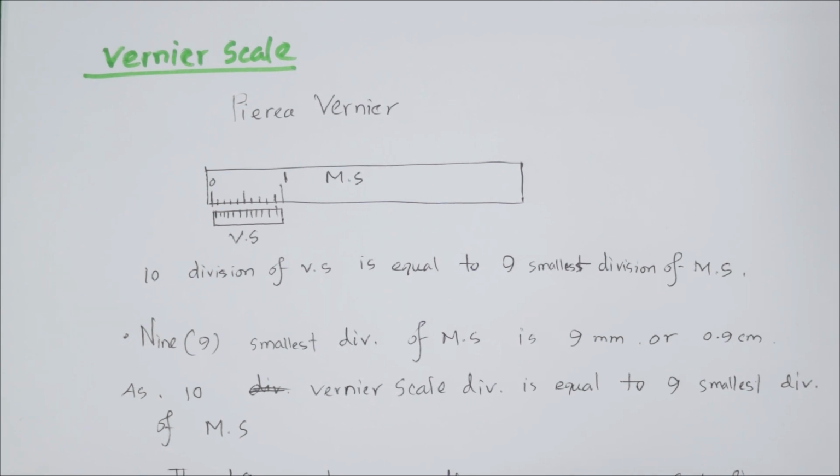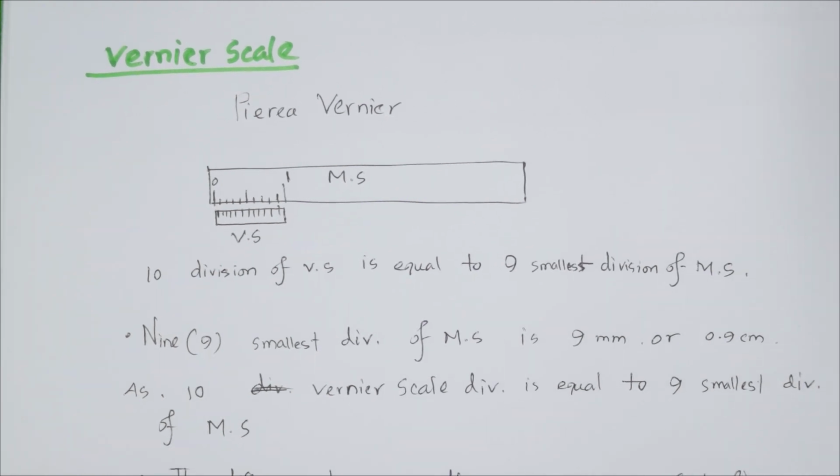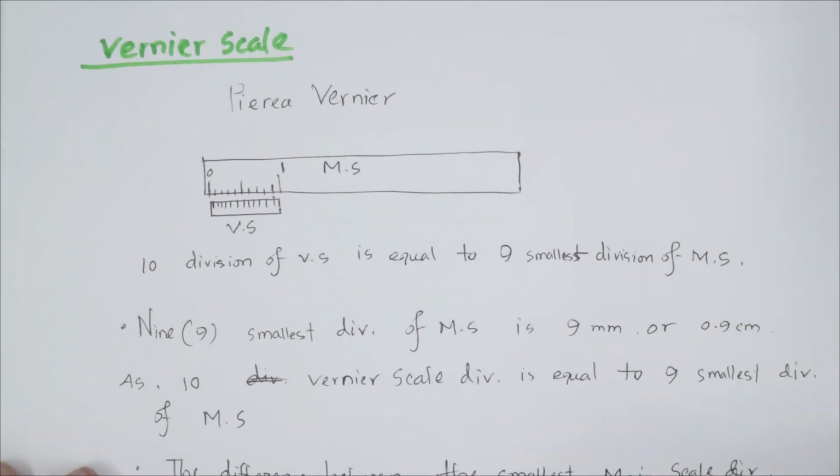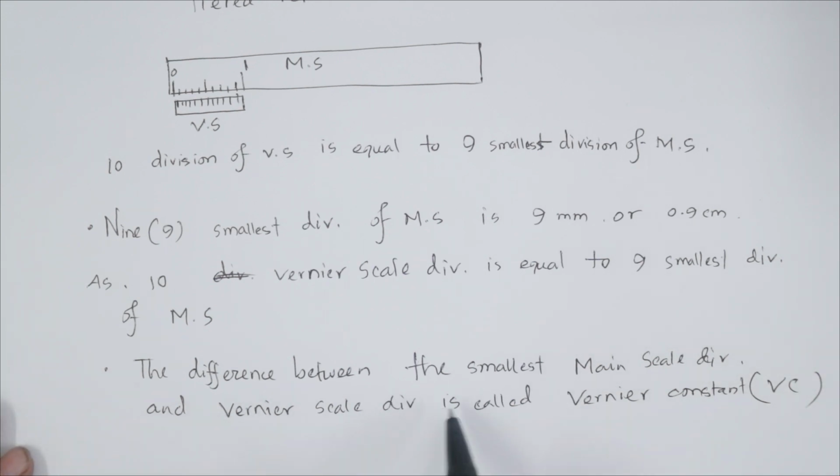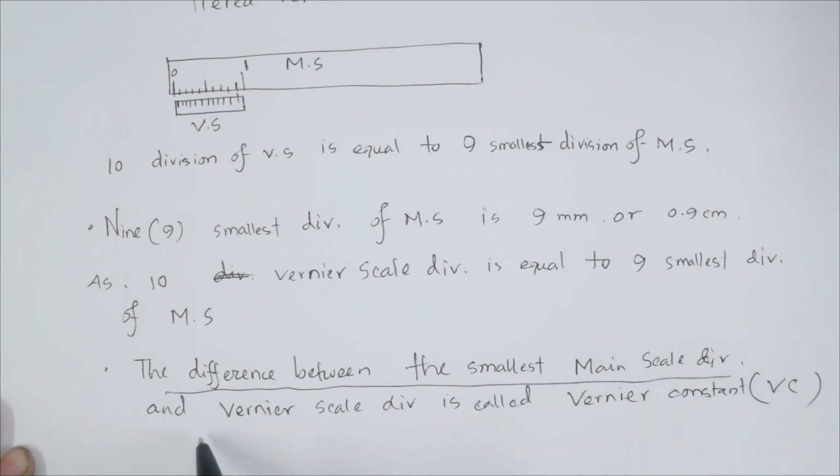This is also known as VC. So the difference between the smallest main scale division and the vernier scale division is called Vernier constant.